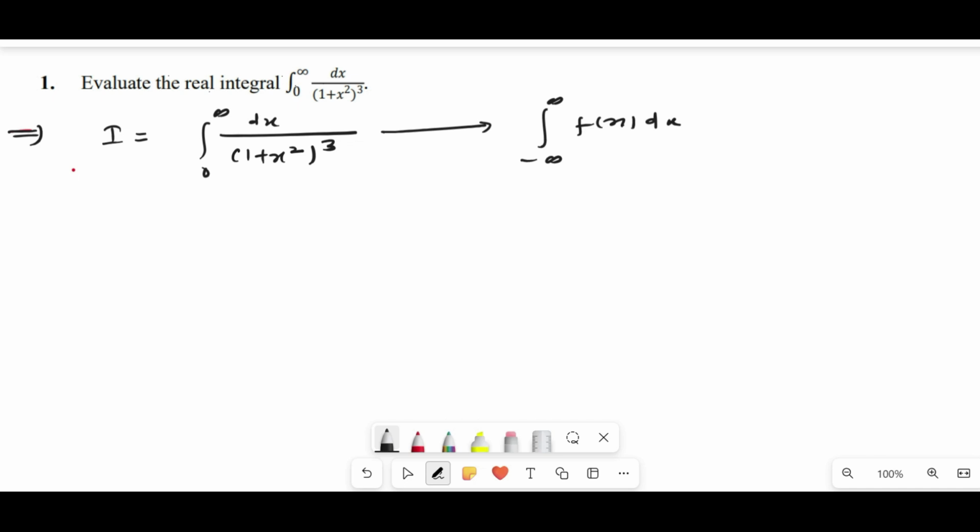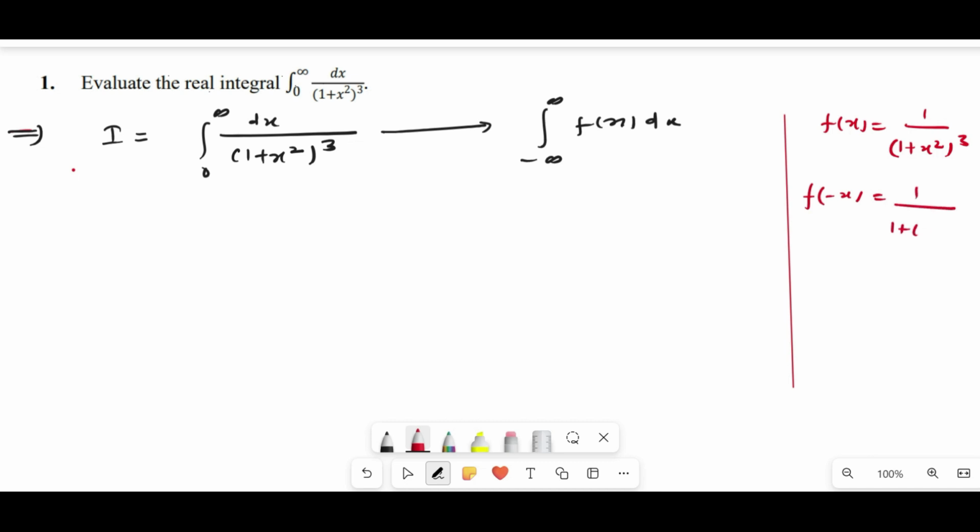So what is the basic concept here? We will write here on the right hand side. Here f of x is equal to 1 upon (1 plus x squared) to the whole power 3. Further, if I replace x by negative x, what will be here?